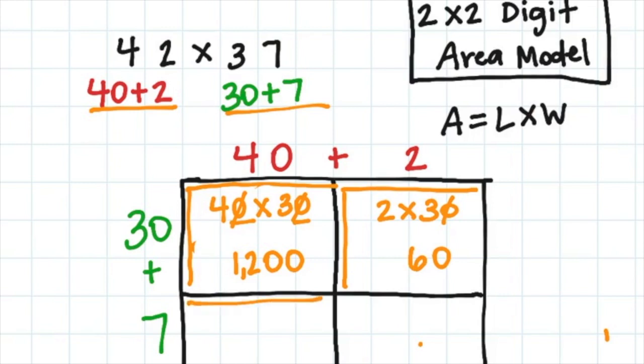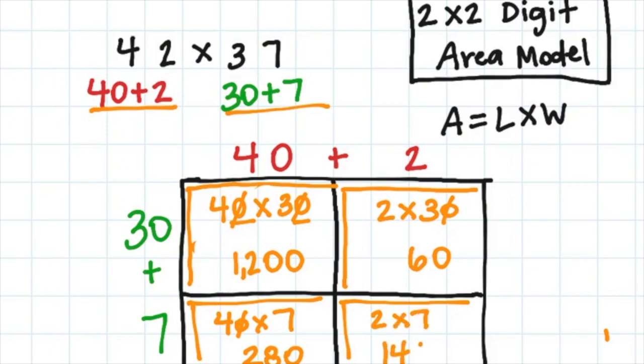Then we're going to go down here to the third rectangle. We're going to multiply 40 times 7, move the 0 to the product. 4 times 7 is 28, which gives us a product of 280. And finally, our last rectangle, where we're going to multiply 2 times 7, and that's going to give us a product of 14.